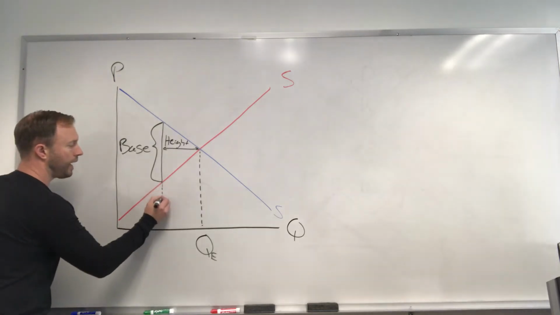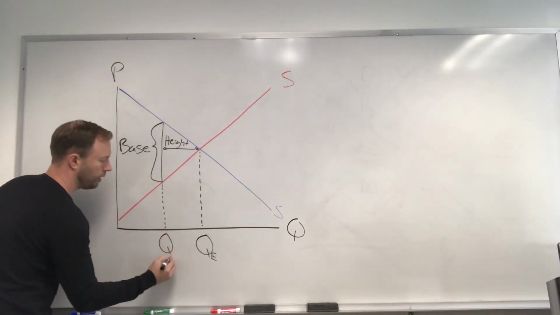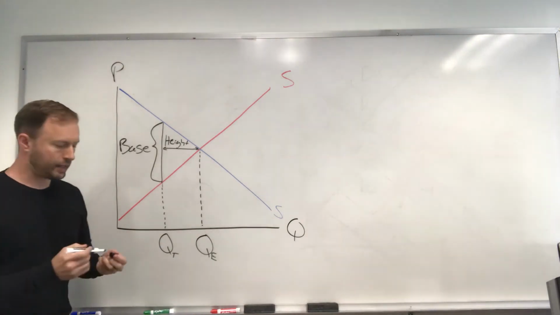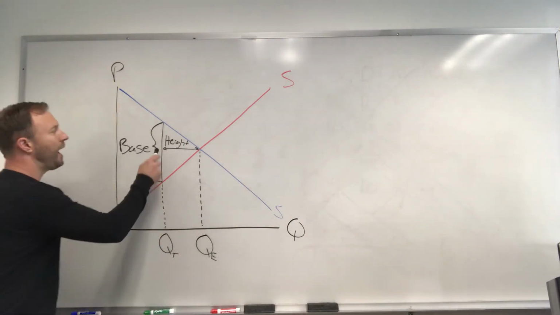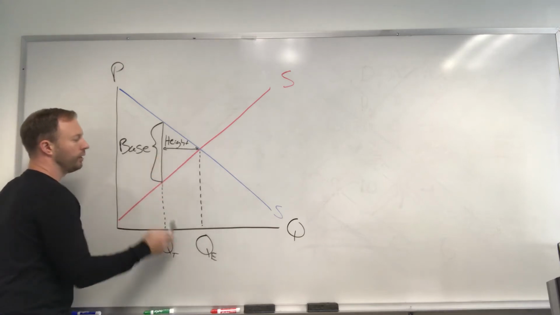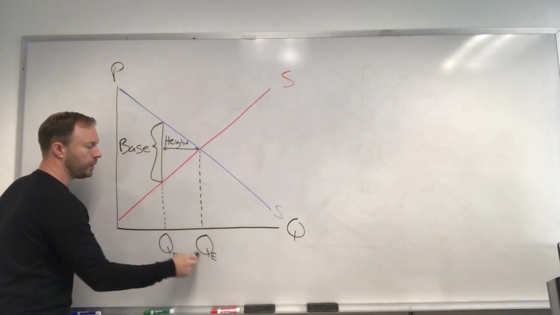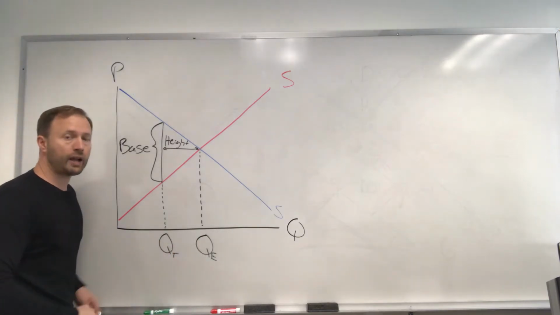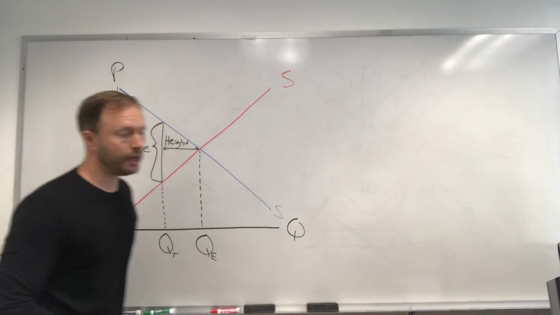And so with the tax, you get a reduced quantity of transactions. We'll call that QT, the quantity once the tax has been imposed. The height of this triangle is equal to the difference between the number of units that would trade in equilibrium and the number of units that are actually trading now that we have the tax.